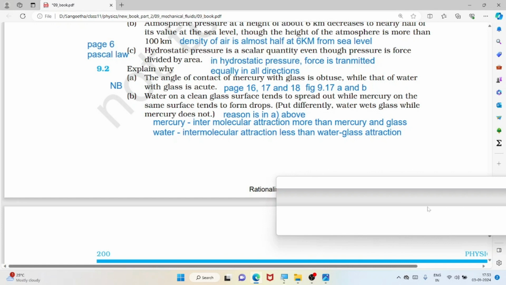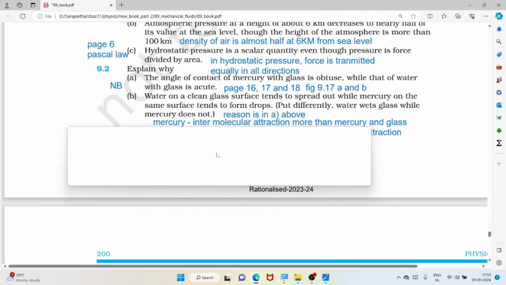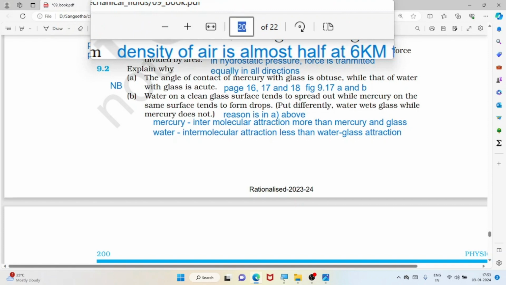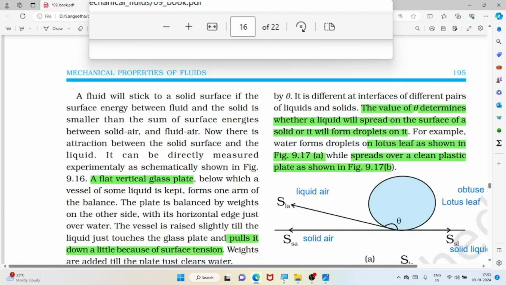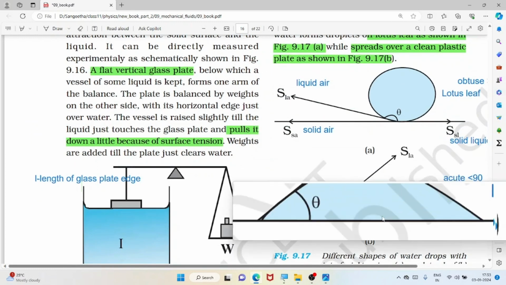But in water, the attraction within water molecules is weaker than the water-glass interaction.